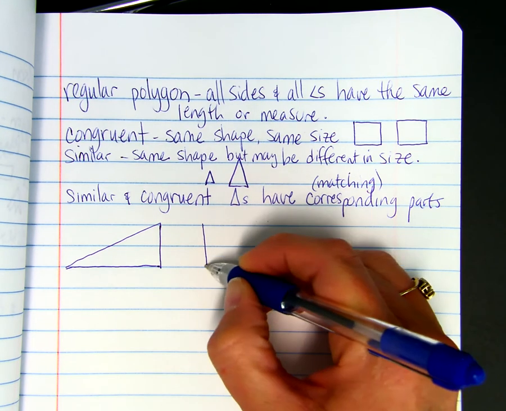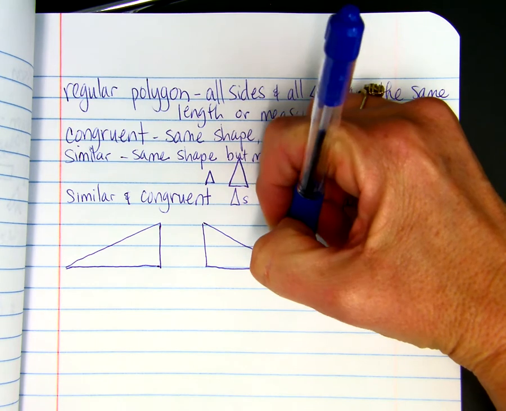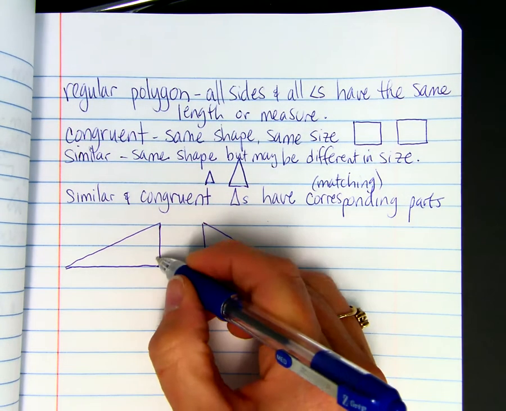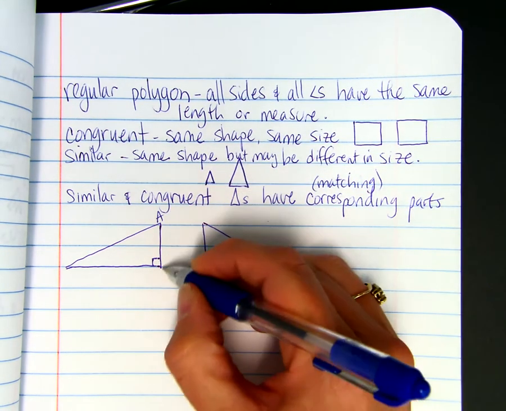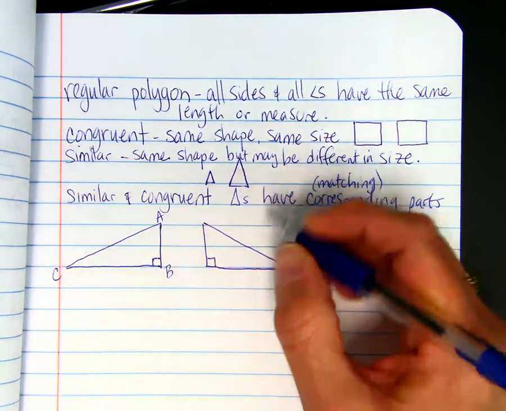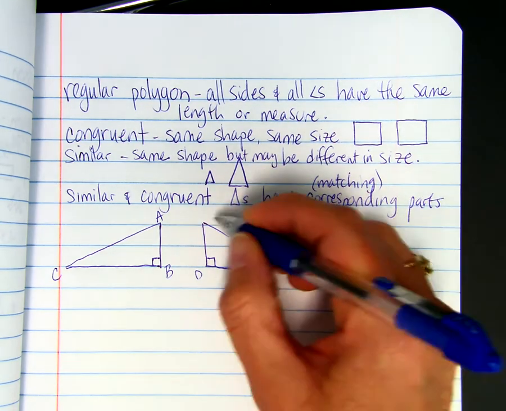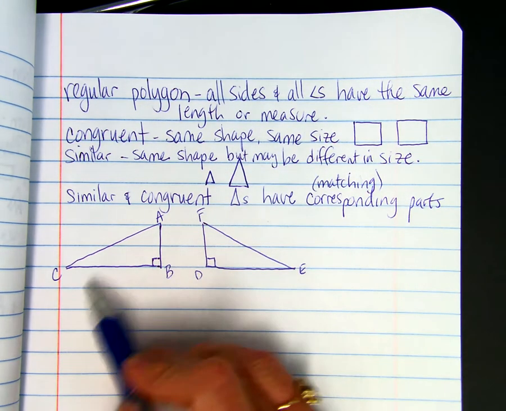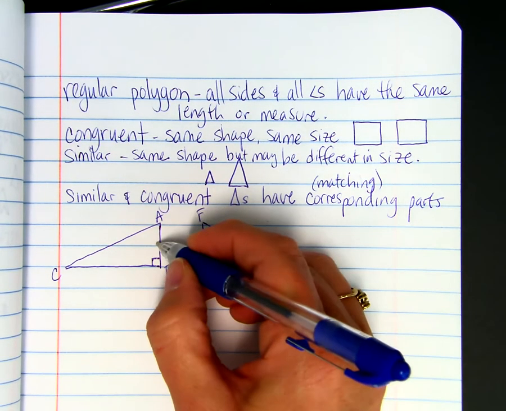We're going to try to make them look the same size if we can. They're right, so we'll put our right angle in here. We're going to label the vertices A, B, C, and this one D, E, F. So make sure you're labeling them the same way I am so I can show you how they measure up.